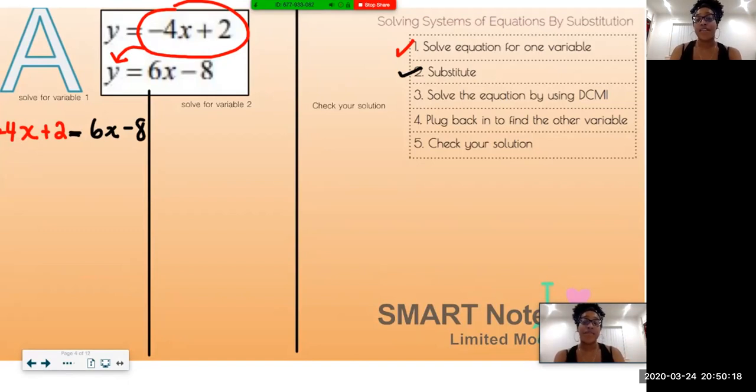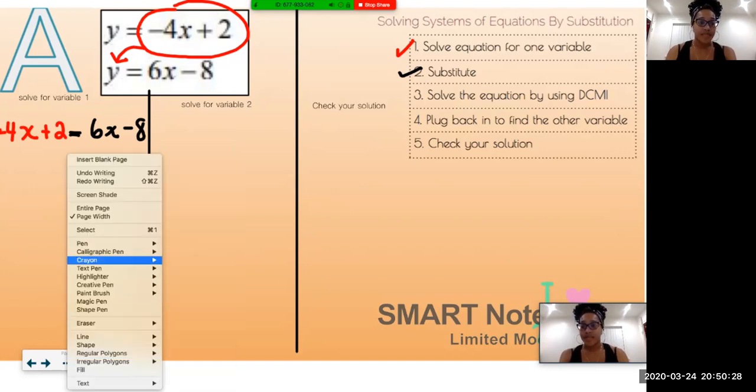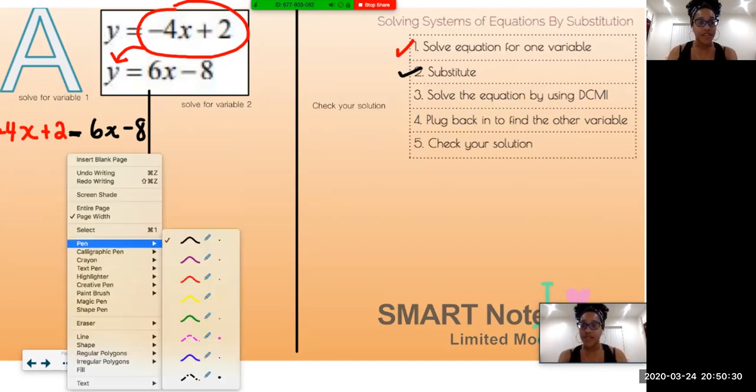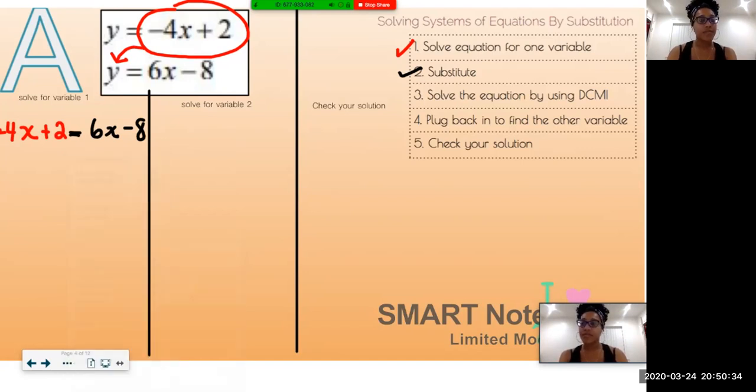So my next step would be move the variable to one side. So I'm trying to solve for x, but I have an x on this side, and I have an x on this side. So I'm gonna move it to one side. I'm gonna use a different color just so that you can see what I'm doing. I'll use green. All right. So I want to move this variable from this side to this side. Doesn't really matter which way you do it, but I'm gonna just move it from the left to the right. So when we move things, it has to be by inverse operations.